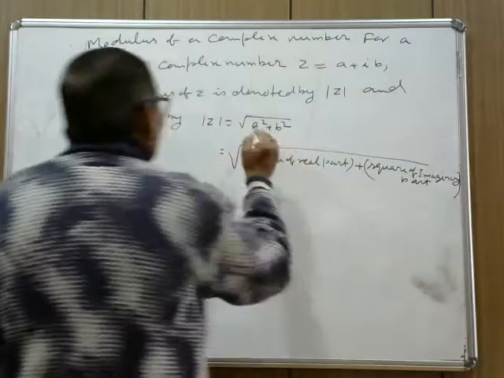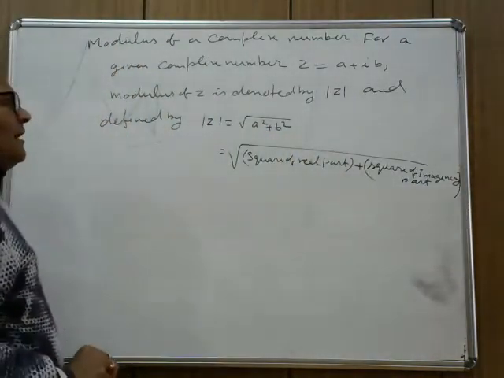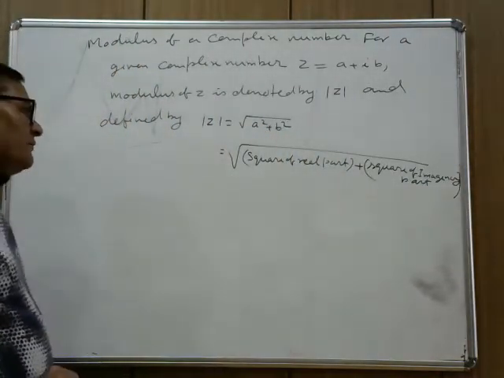So in this way, a is the real part of z and b is the imaginary part of z.